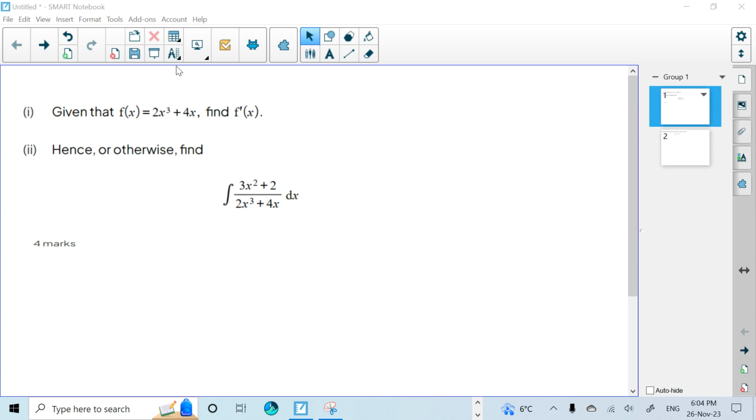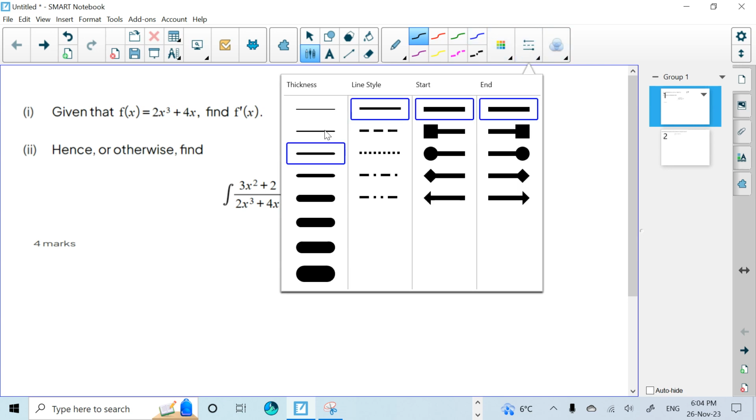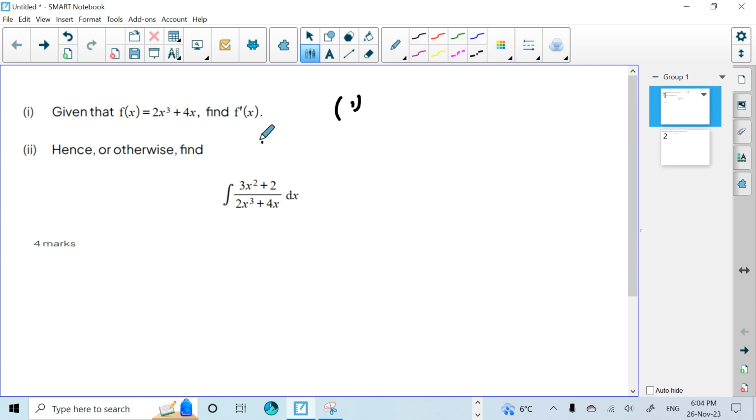Let's do the math. Okay, so part 1, given that some function of x is equal to 2x cubed plus 4x, find f prime of x. Well, let's get started. So part 1, and let's change again the thickness. Okay, that should be better. Part 1, we've got f of x is equal to 2x cubed plus 4x.